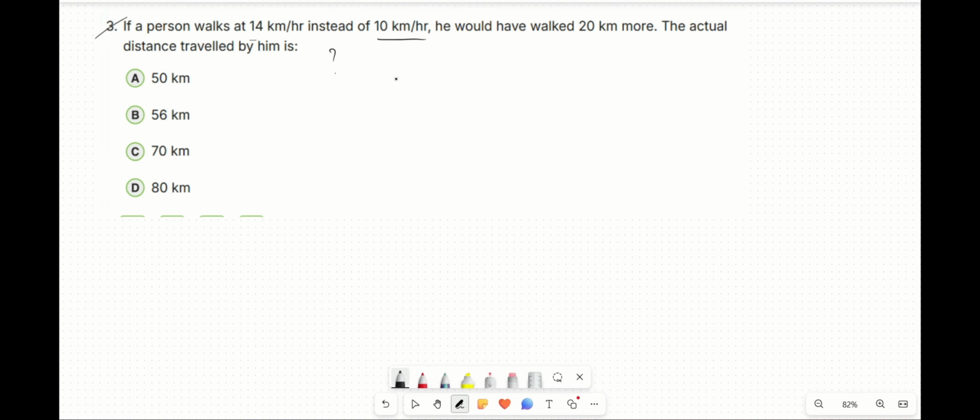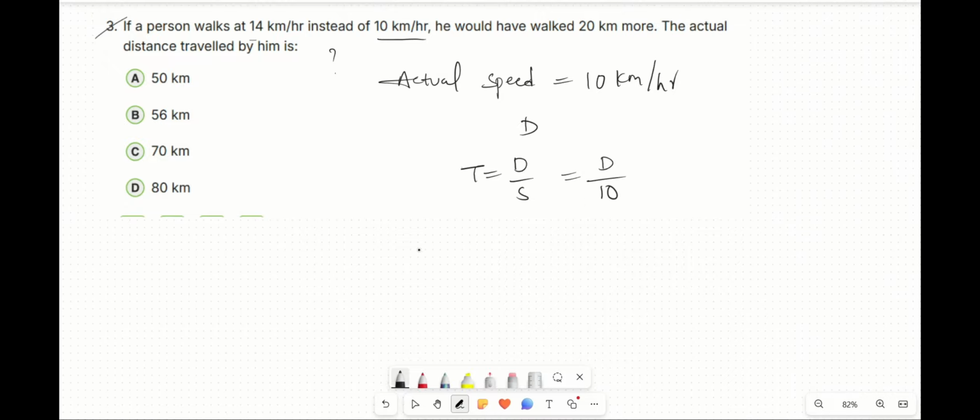So here the actual speed equals 10 kilometer per hour. Let the distance he traveled with the 10 kilometer per hour be d. So here what is the time? Time equals distance by speed, which is d by 10.